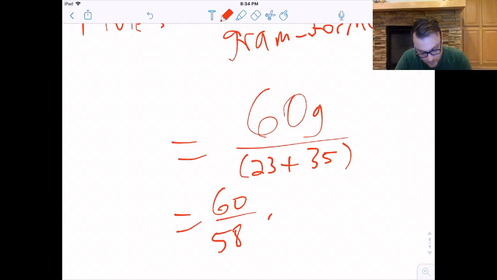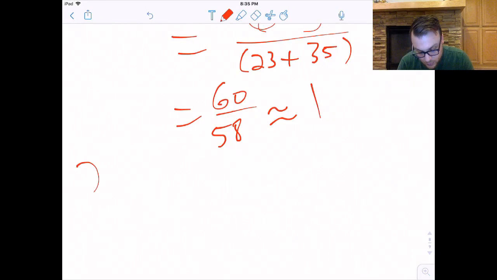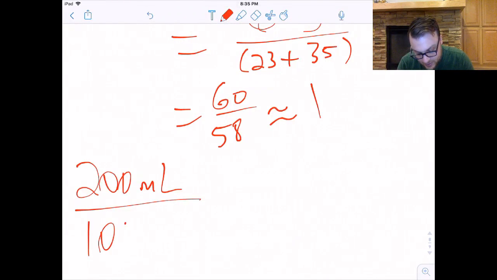200 milliliters, if you divide that by 1,000, you will convert it to liters. So to convert from milliliters to liters, just simply divide by 1,000.